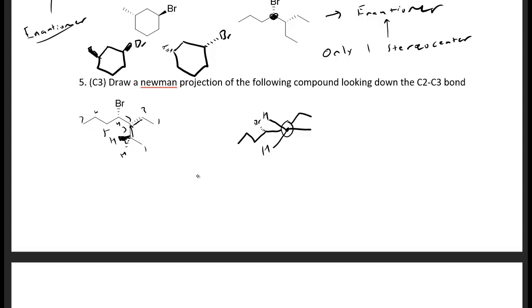So the ethyl group is more in the up position, and my hydrogen's right there. Again, since these aren't stereocenters, it doesn't really matter the exact orientation you draw them. And this probably wasn't the best choice, picking the C2-C3 bond. Usually you'd be asked for something like the C3-C4 bond, so that stereocenters can be specified more efficiently.